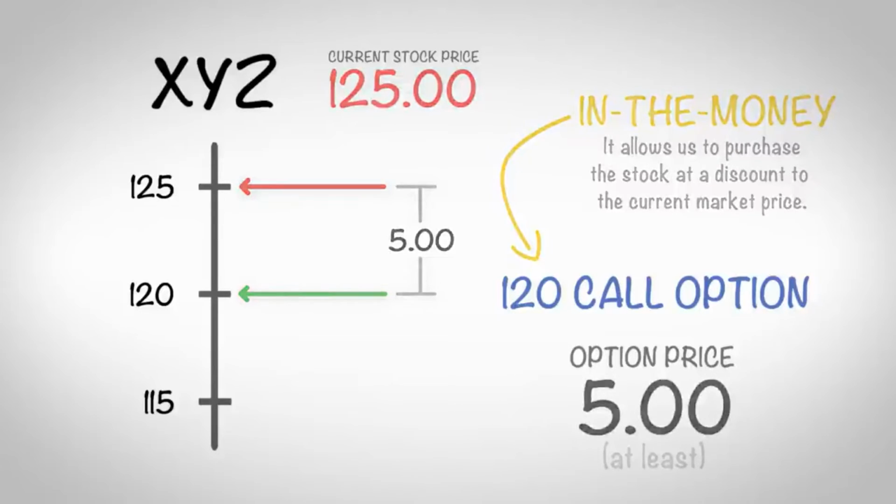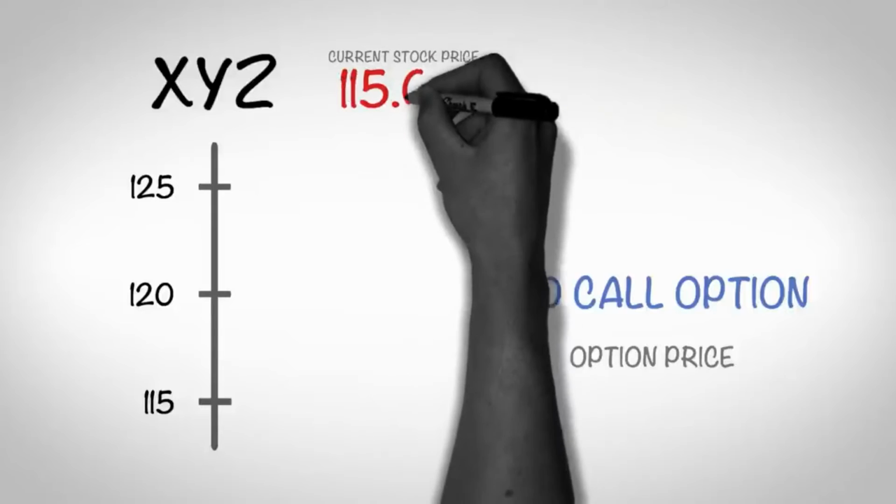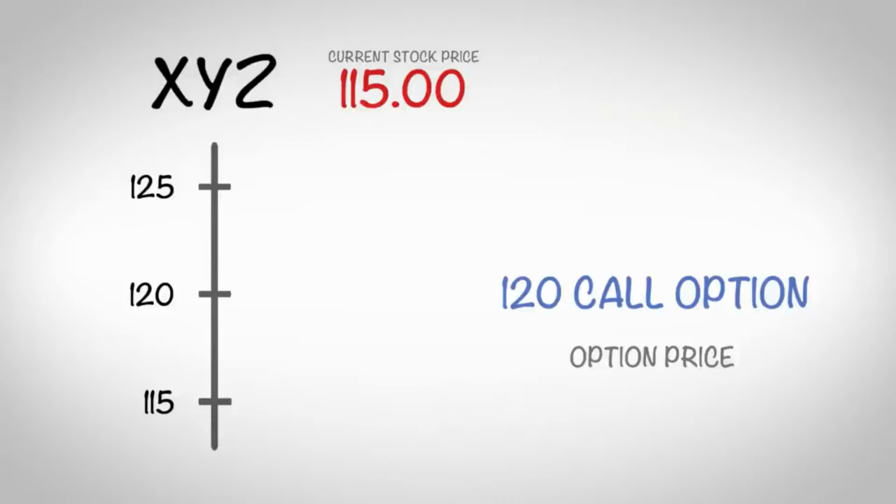Now, one more scenario. Again, let's say you own the 120 strike call option, but this time the stock is much lower than that. It's currently at 115. If you own an option that gives you the right to buy stock at 120, but the current stock price is below that at 115, assuming there's no time left to expiration, how much is this option going to be worth in this case?